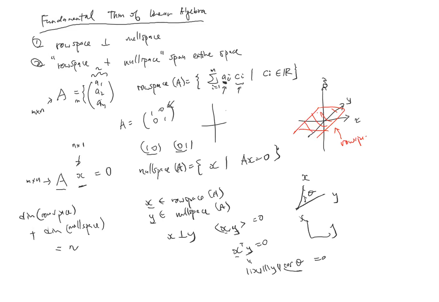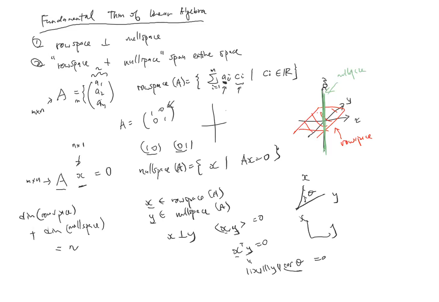Let's use a different color again. Along the z axis, this is the null space, I say. So the row space and null space essentially span the entire space, because any vector can be written as a linear combination of the row space and the null space.